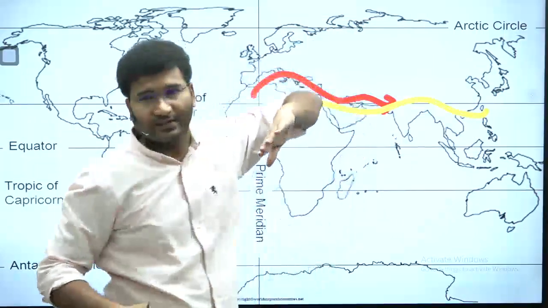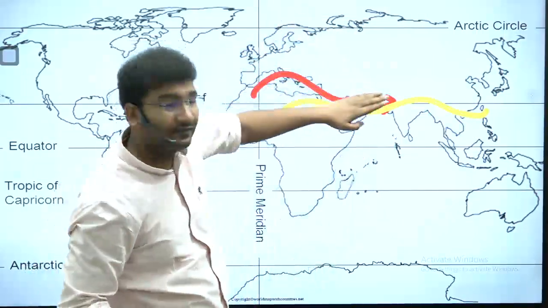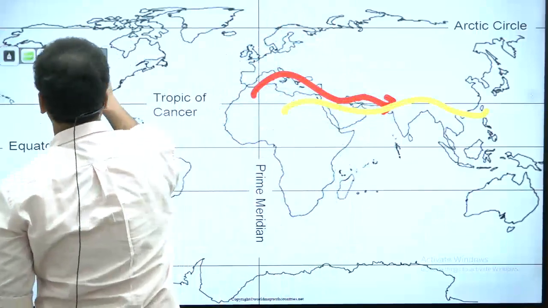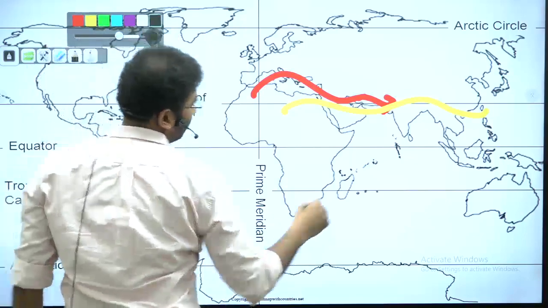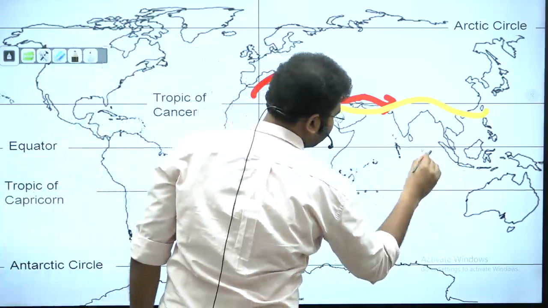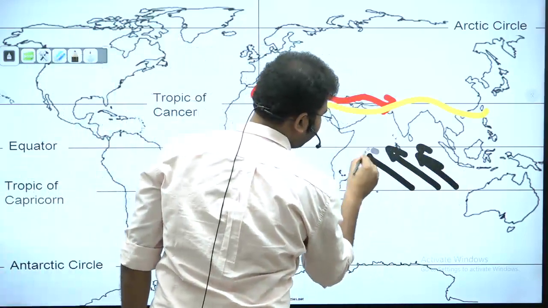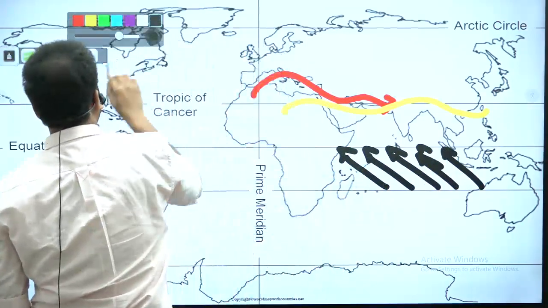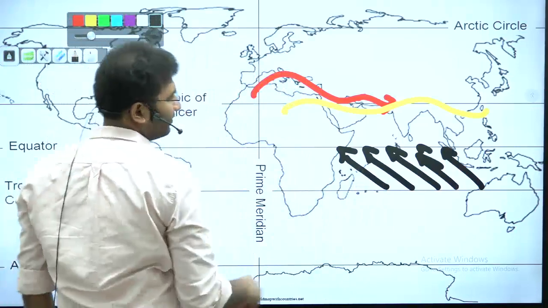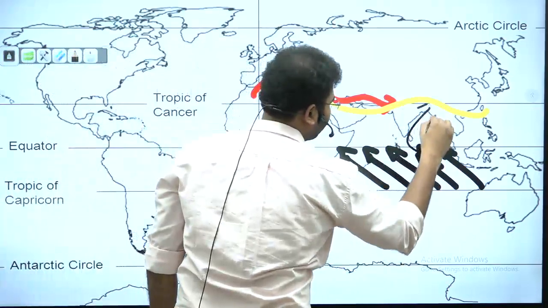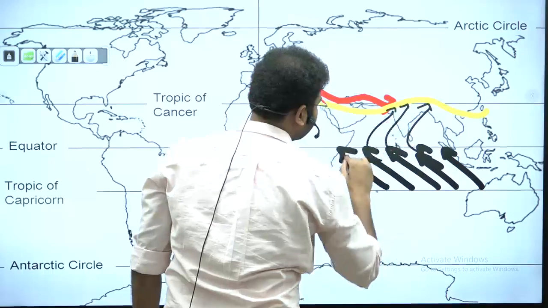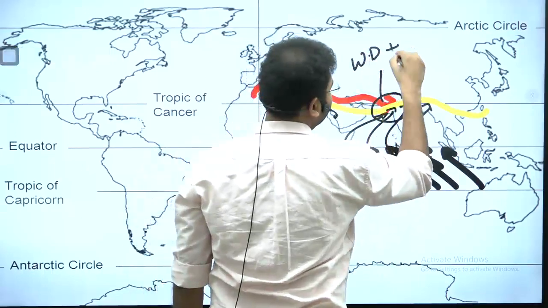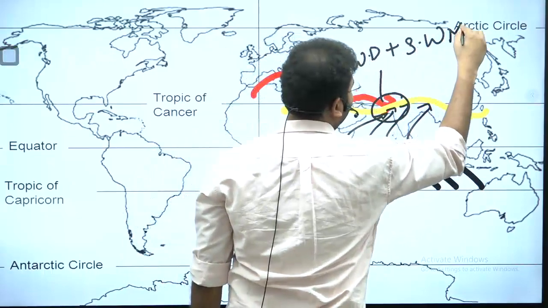So what happened is, western disturbances were coming from one side, and from the other side our monsoon system. This monsoon system will reach the Punjab, Haryana and Himachal region during which time period? At the very end, right? Now they have also reached the same area. That means there is a contact of western disturbances plus southwest monsoons.